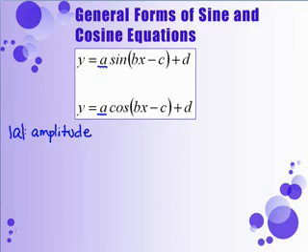And if you have a graph and you're trying to find A, then what you can do is look at halfway between, so half the distance between the maximum and the minimum.